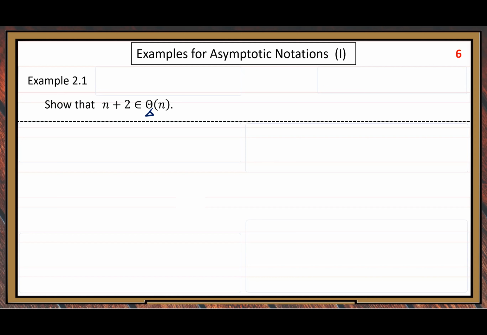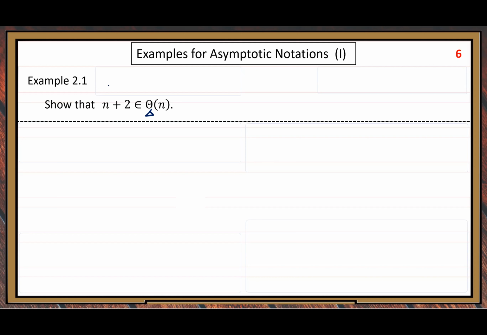To answer a question like this, usually we have 2 different methods, based on our understanding from parts C.1, C.2. The first one, limit method. For big theta, we know if the limit of f of n over g of n is a constant, then big theta. So it gives us the limit method.